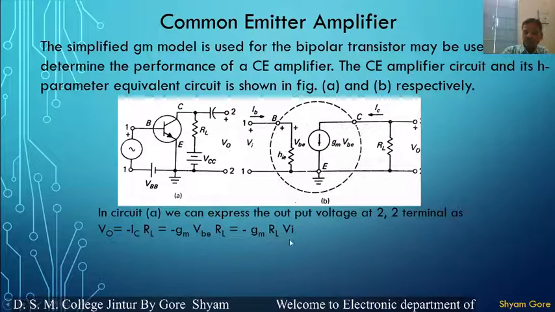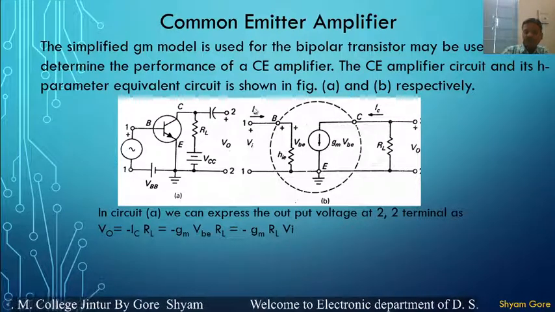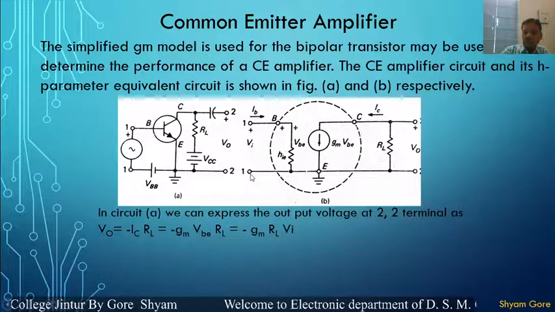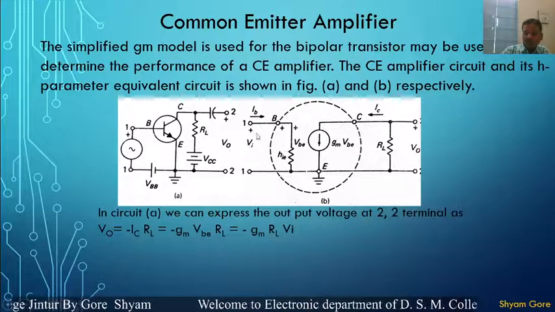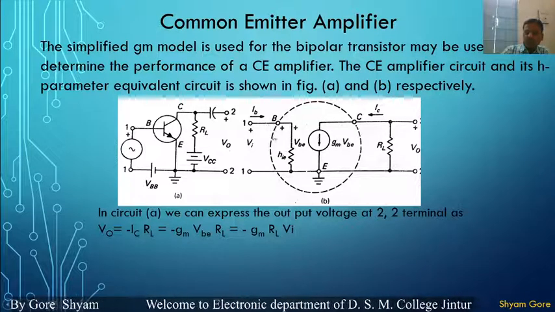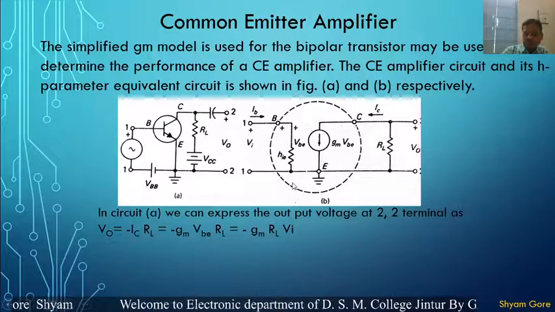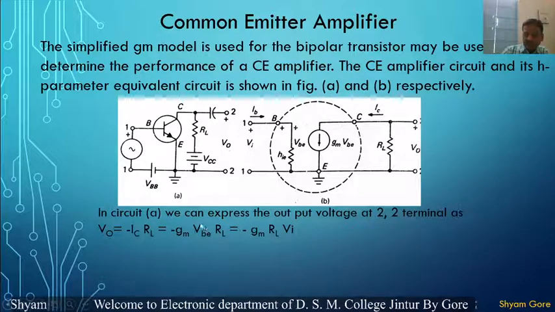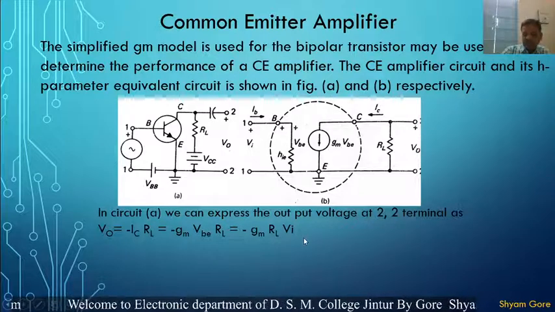Actually, VI is the input voltage, the voltage between terminal 1 or the input port, and the voltage between base and emitter is VBE. Therefore, we can write VBE is equal to VI.